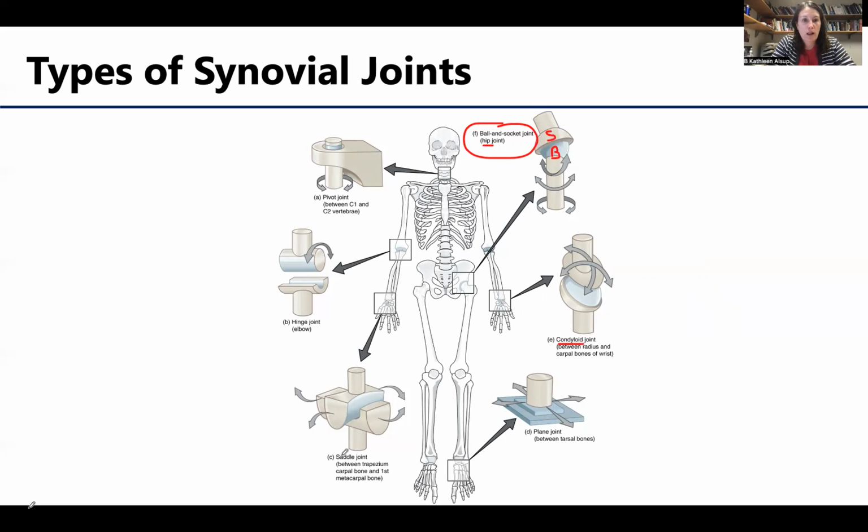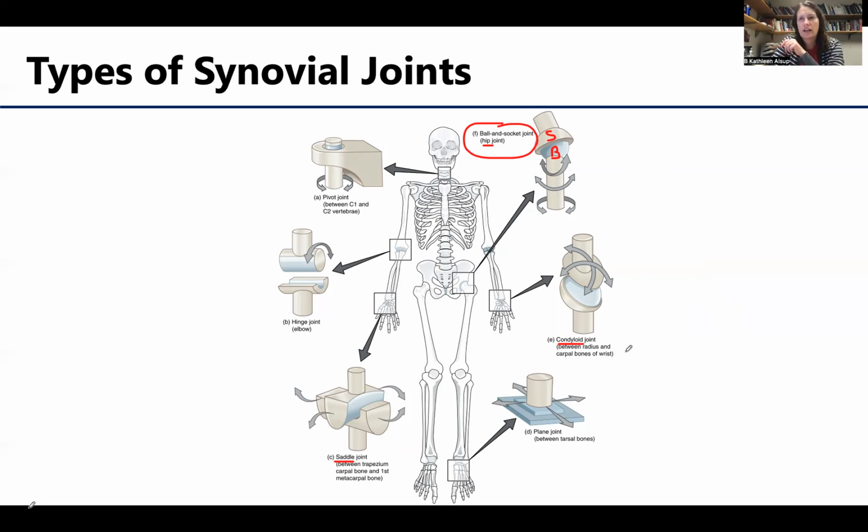Condyloid joints, as well as saddle joints, are going to be capable of flexion, extension, abduction, and adduction, but not rotation. Okay, so condyloid and saddle joints, really the best example of a saddle joint is between the trapezium and the first metacarpal in the thumb region.